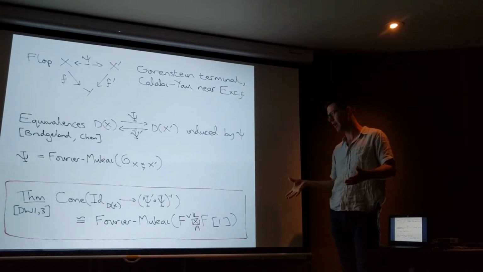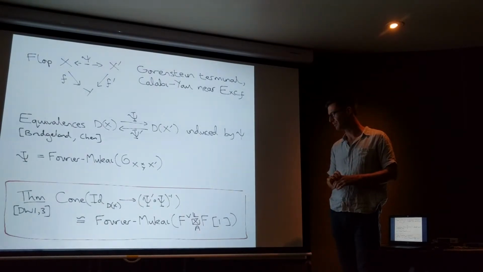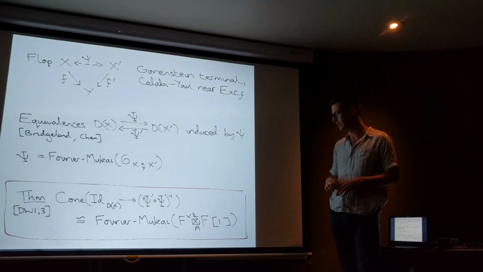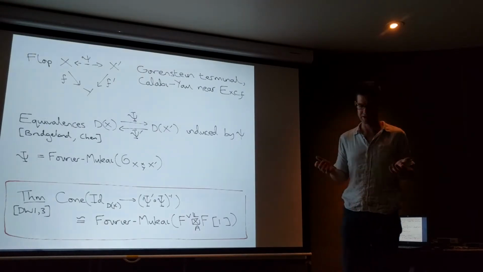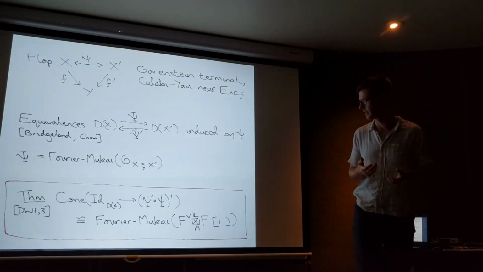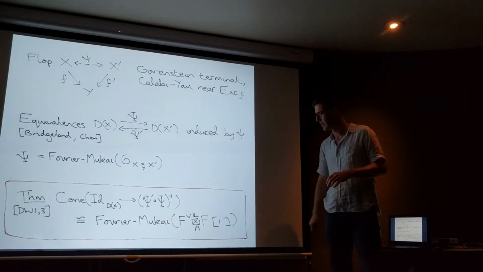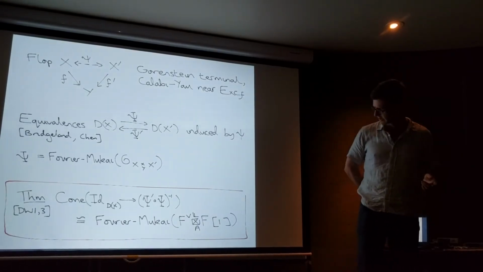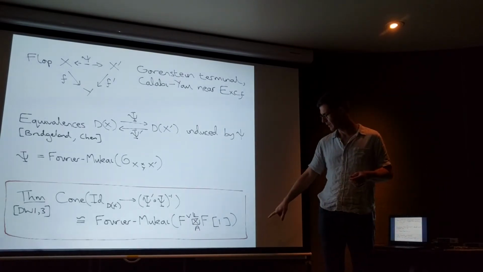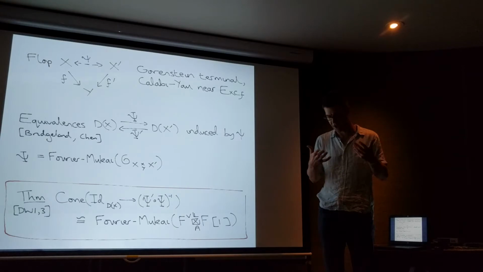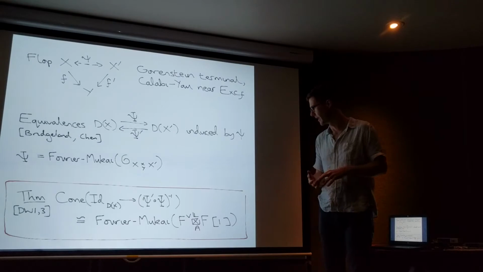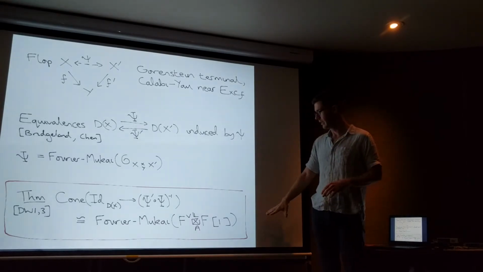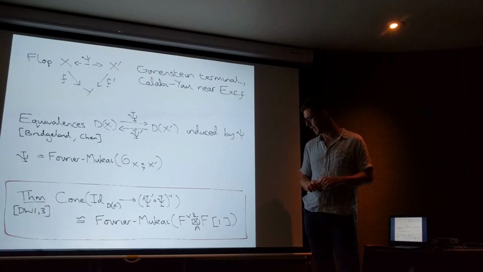So there's a lot of derived category notation in this, but the way you should read the first line, the cone from the identity functor to this composition, is saying if you measure the difference between this composition and the identity, then the result is this. So it's a Fourier-Mukai functor induced by this kernel, which I can calculate from F, the non-commutative deformation family, over the base A. So I'm not going to go into too much detail on this.